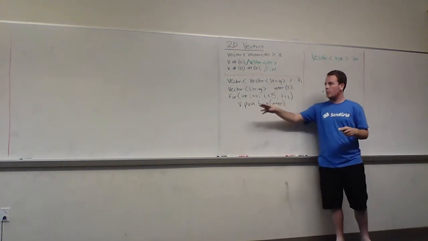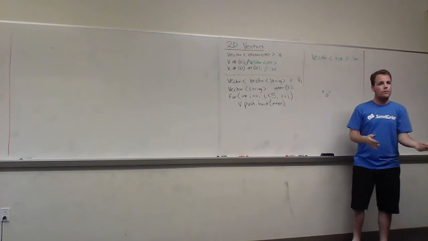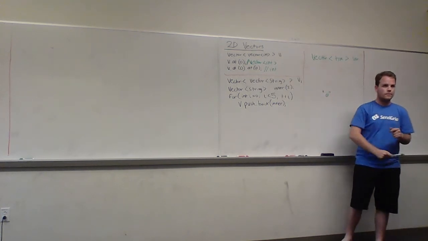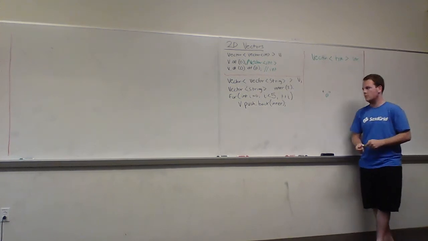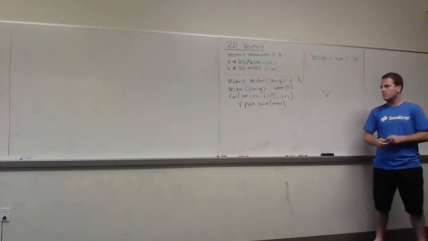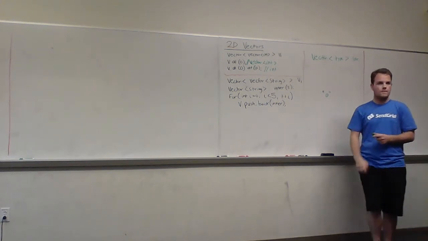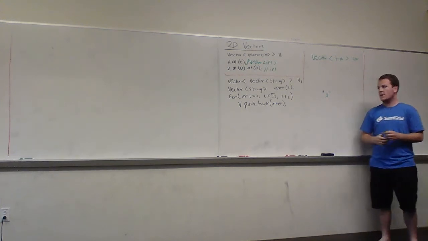Write a loop to print all of the strings contained in V. You can just write a function, or you can write code that prints out all the elements of that.